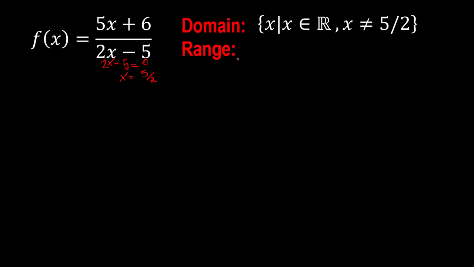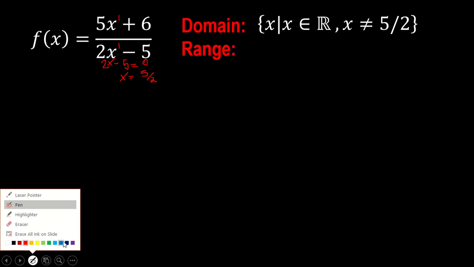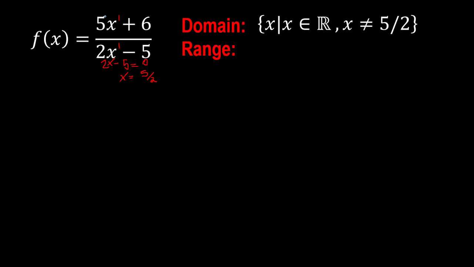And then for the range, let's identify the horizontal asymptote. As you observe, the degree of the numerator here is 1, given 5x, and the degree of the denominator is also 1. So the degree of the numerator and the denominator is equal. Therefore, all we need to do is take the leading coefficients, which gives 5 halves, and our horizontal asymptote is y equals 5 halves.